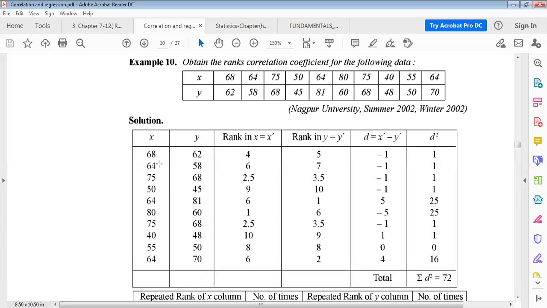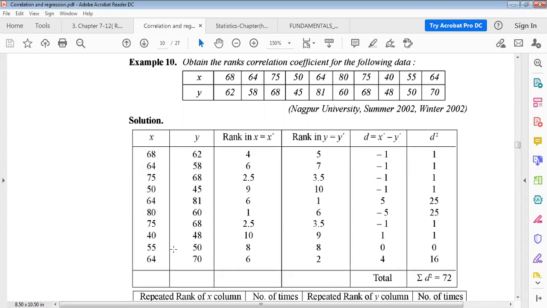Rank 5 will be for the next largest number after 68, which is 64. How many 64s are there here? Three 64s, so the ranks are 5, 6, 7.